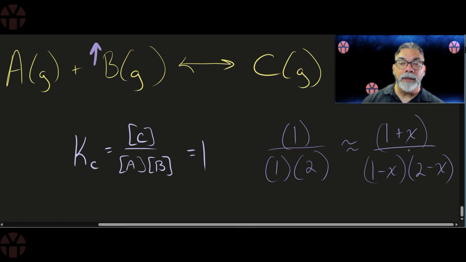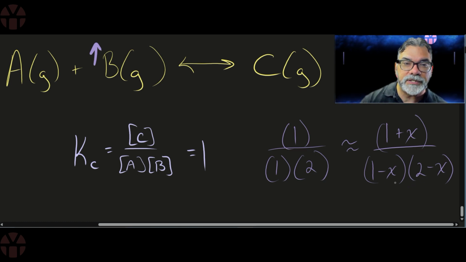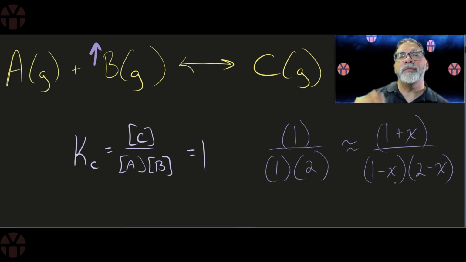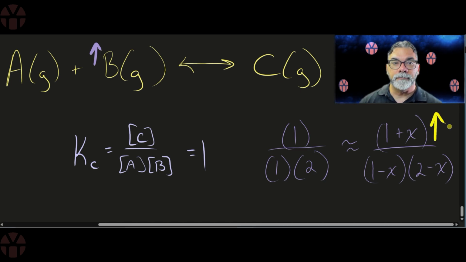Because again, remember, while both A and B, the denominators, are decreasing, they are going down, understand that while they're decreasing simultaneously, my numerator is increasing. This guy up here is going up.